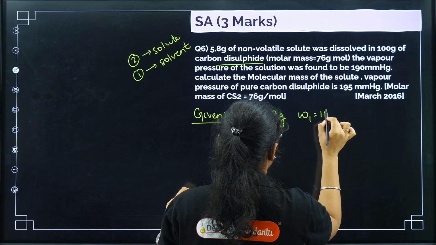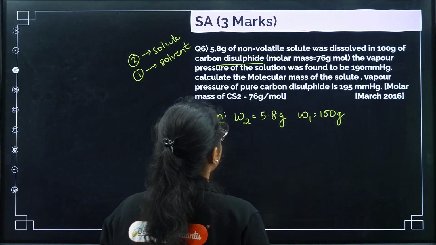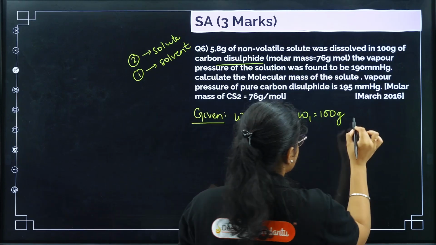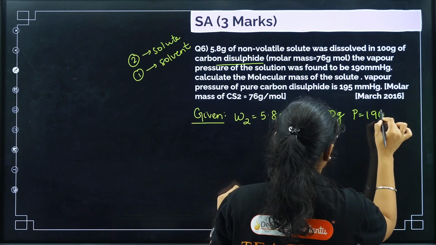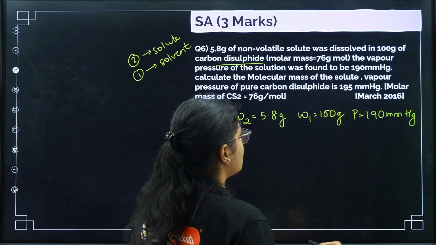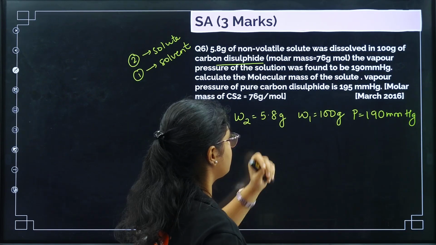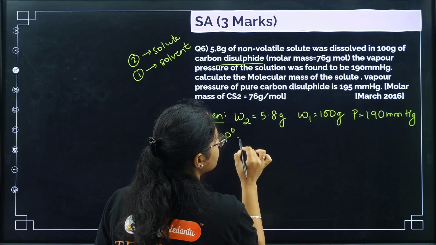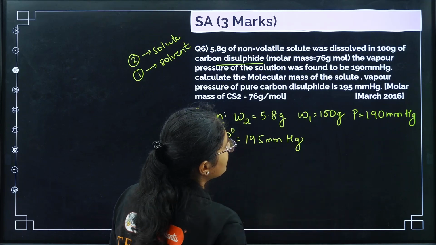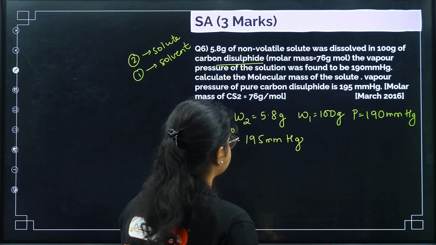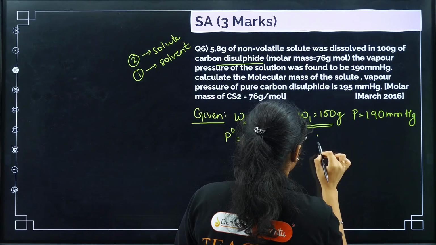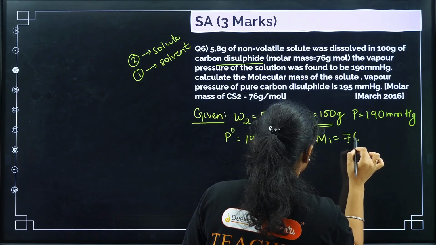The vapor pressure of the solution was found to be 190 mm of Hg, so P is equal to 190 mm Hg. Calculate the molar mass of the solute. Vapor pressure of the pure carbon disulfide, P naught, is 195 mm Hg. Next, 76 is the molar mass of the solvent, so I can write M1 is 76.